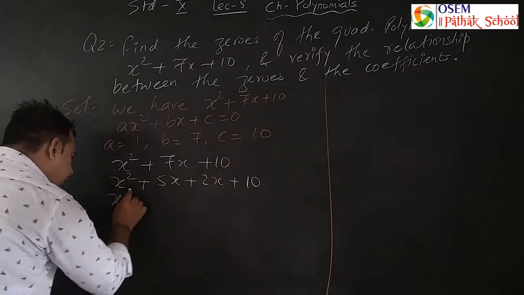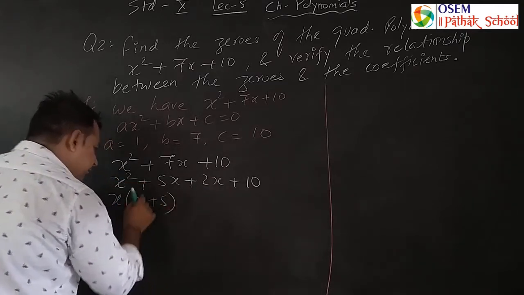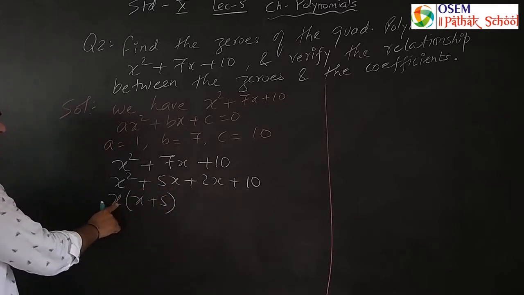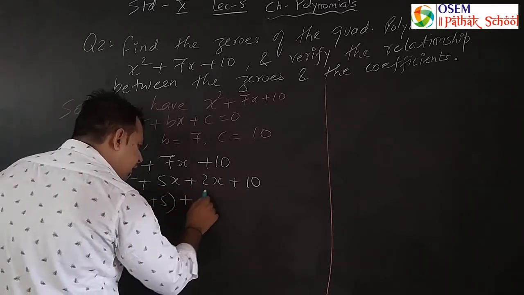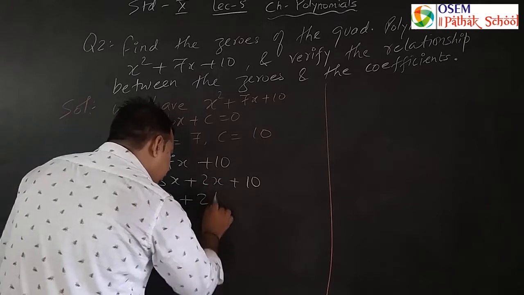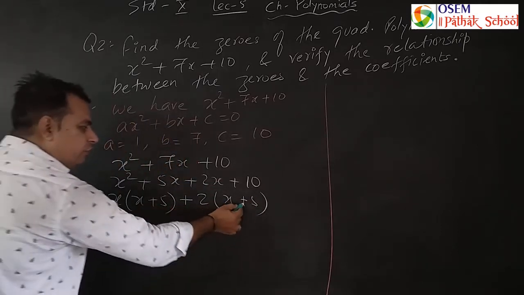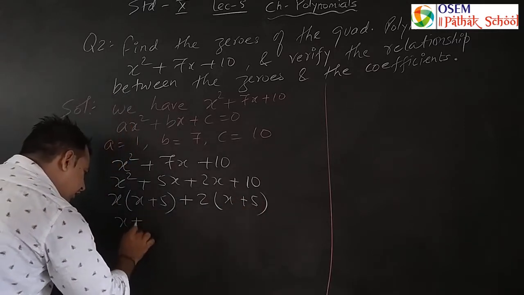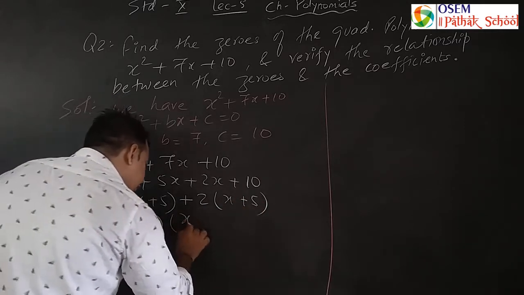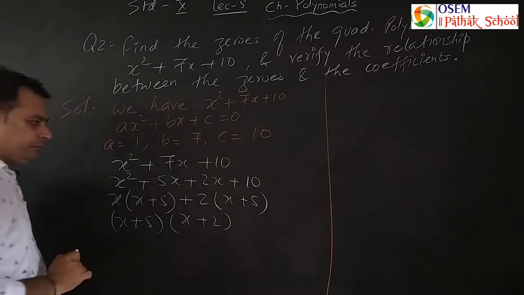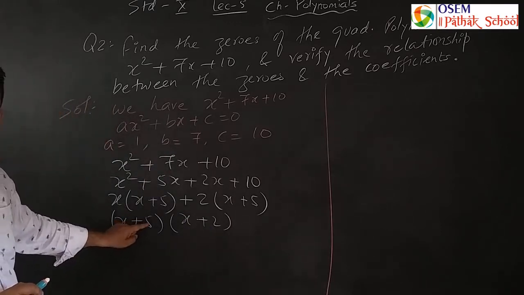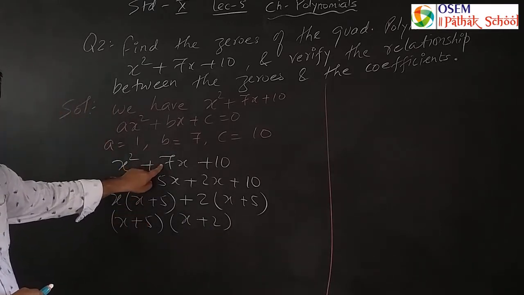I am taking out common x plus 5: in these two terms, x is common, and in these two terms, 2 is common. So x plus 5 is the same, and we take down x plus 5 and x plus 2. So these are the factors of this polynomial.